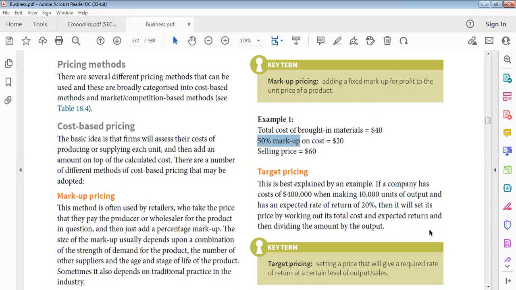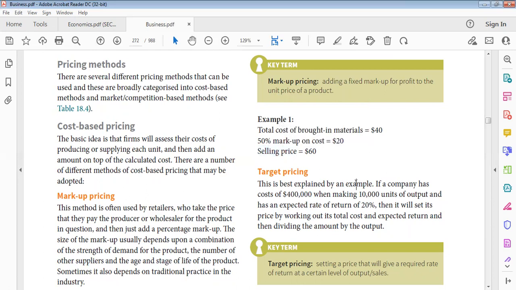So how do you know it's 50%? It's actually a decision of the manager. If the owner or the manager wants 10% markup, if the markup was 10%, can you tell me what the selling price would have been? You can use a calculator if you want.